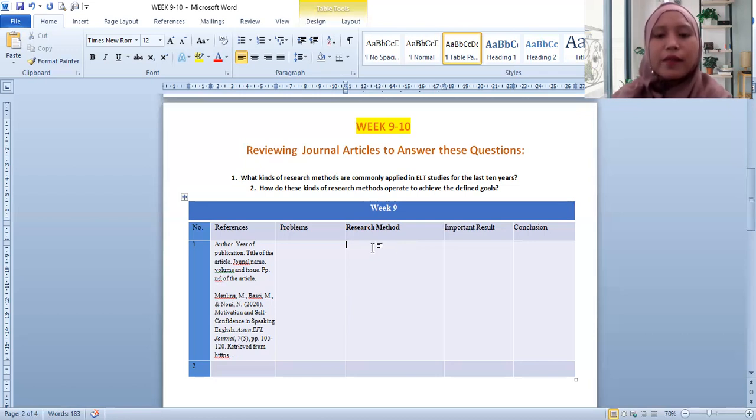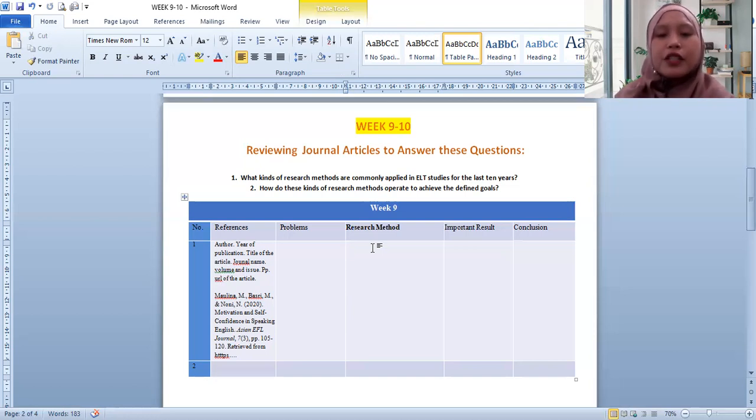Remember, if the research method is qualitative, pay attention to which type of qualitative method the researcher used. For example, identify whether the researcher wrote content analysis, document analysis, or even phenomenology, like in the previous meeting we have learned, right?